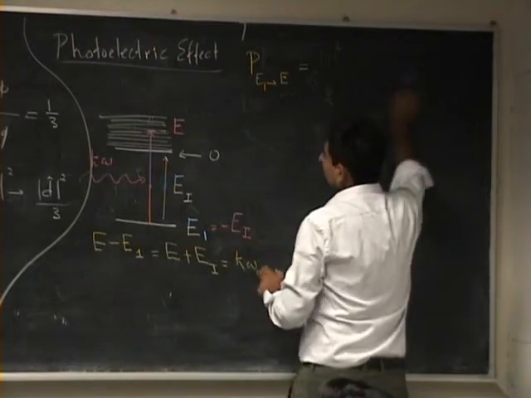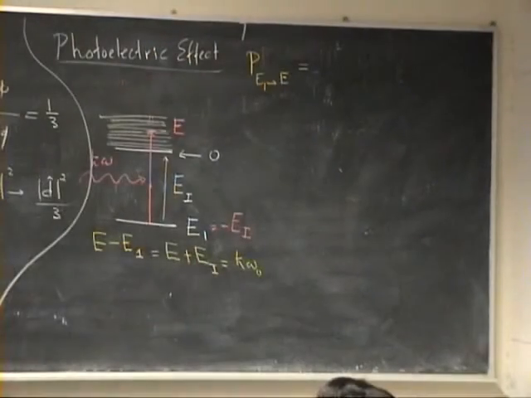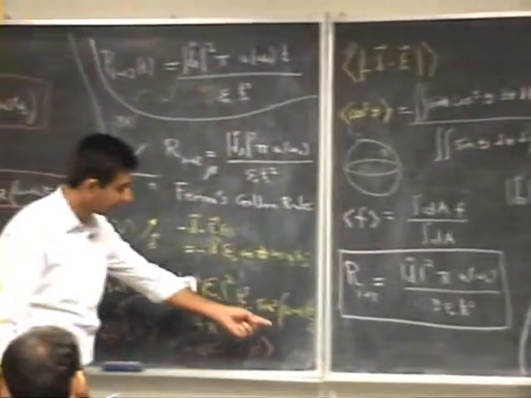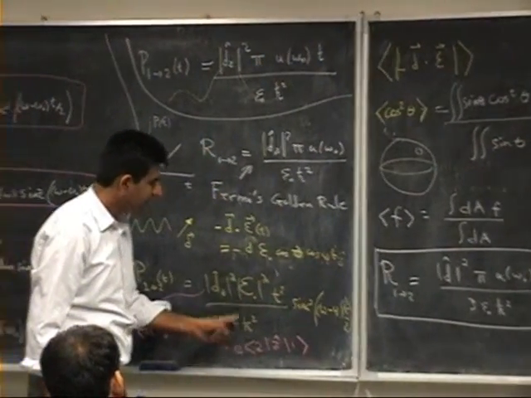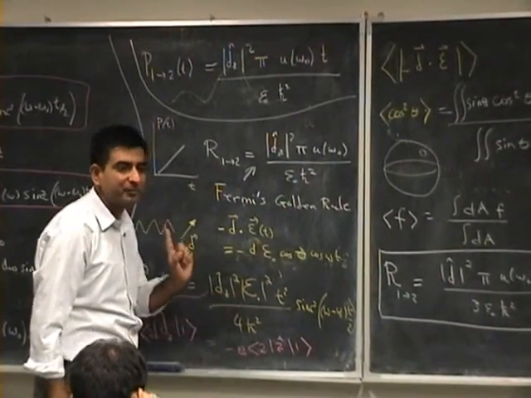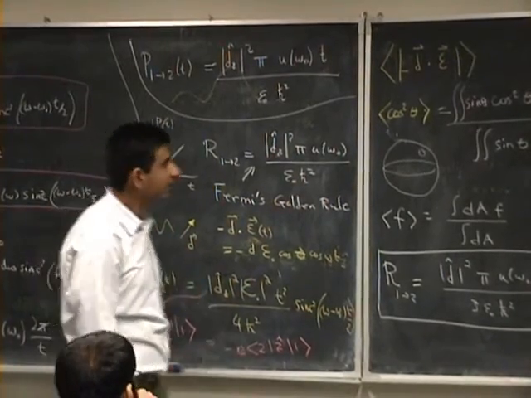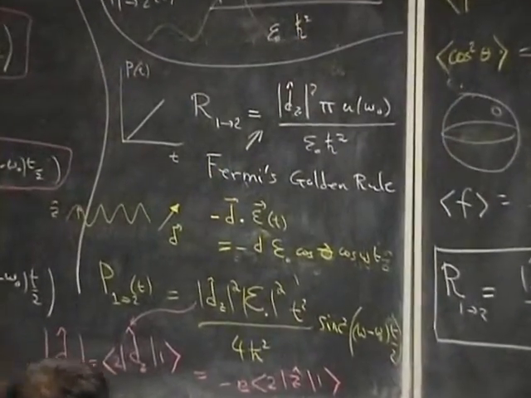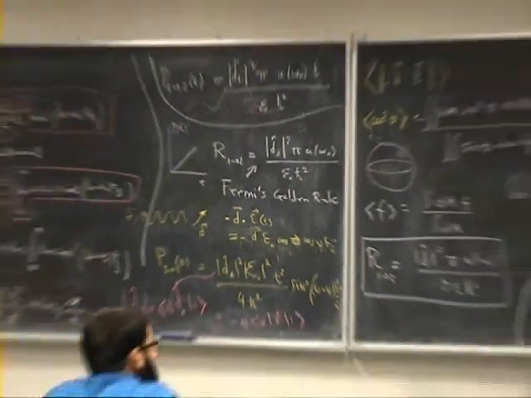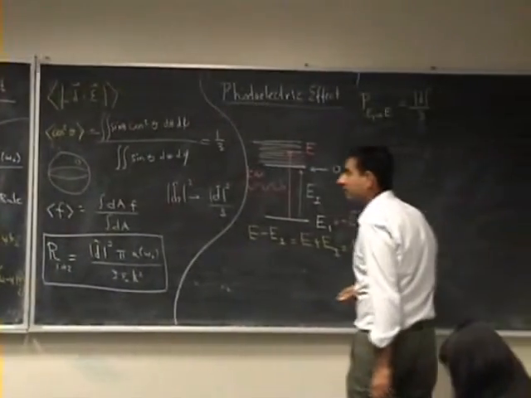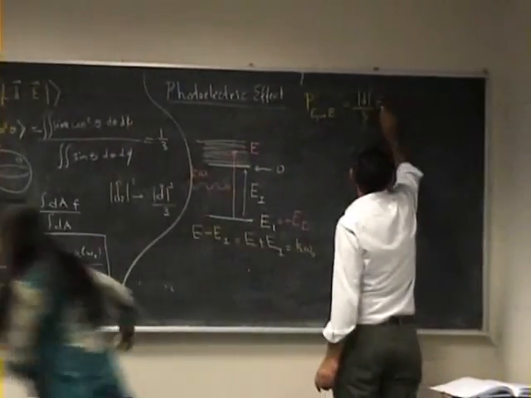This is my probability, right? dz square epsilon E squared, T squared, sin square omega minus omega naught by monochromatically. Okay. Suppose I'm showing monochromatically. Okay. So I have D square over 3. I have E naught squared.